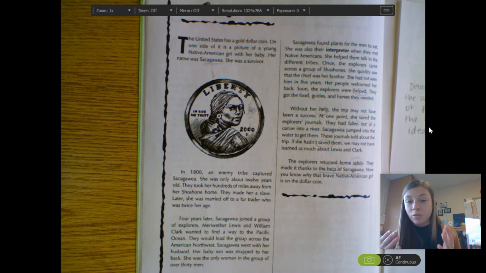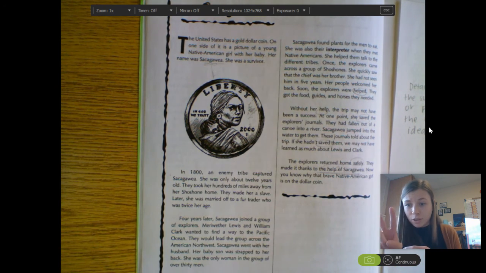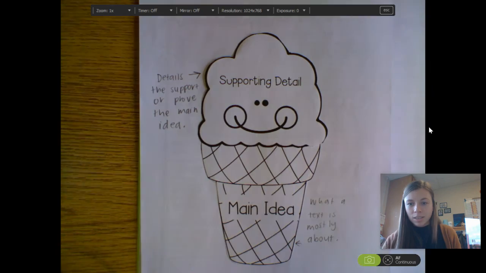So the first part is where you put what the main idea is. The main idea of the text is, what is it mostly about? And then you're going to want to write your details. I know this because number one, she helped get food, and number two, she saved the journal, right? Great. So, main idea, ice cream cone, supporting details, you got it.